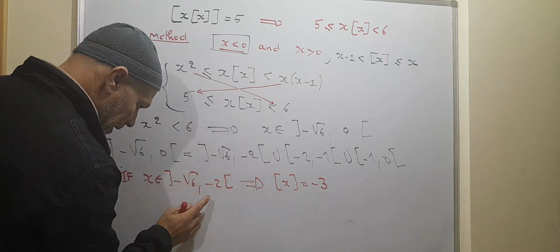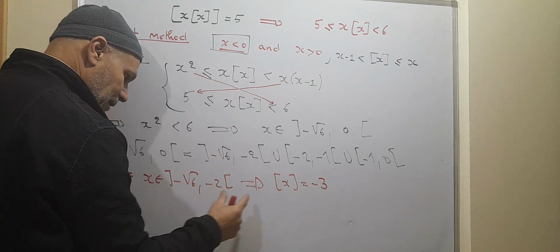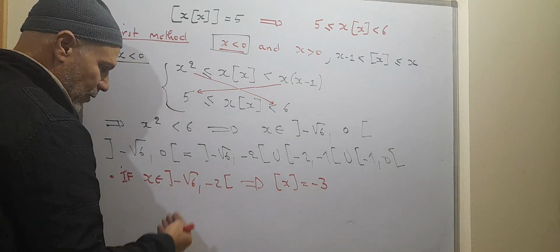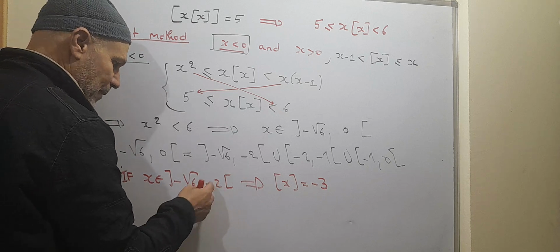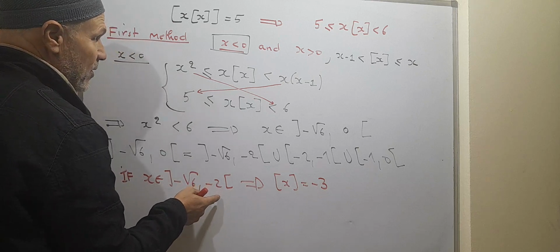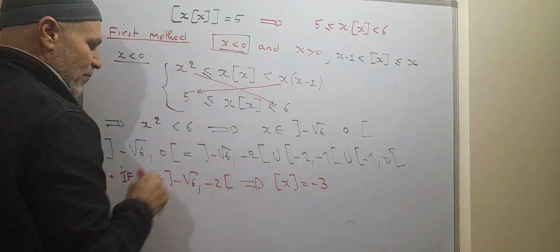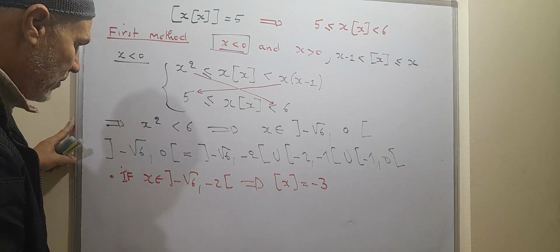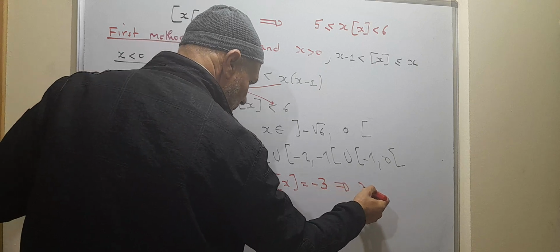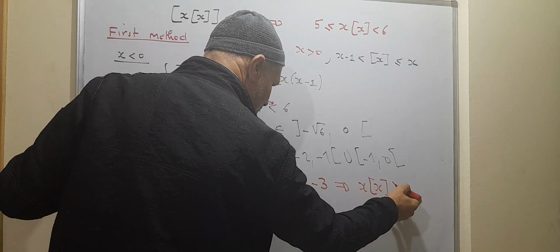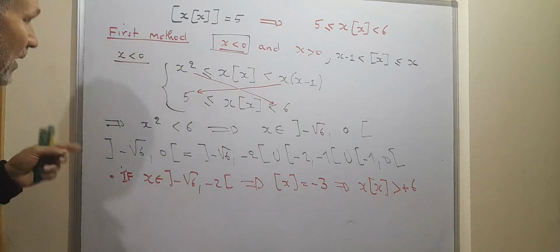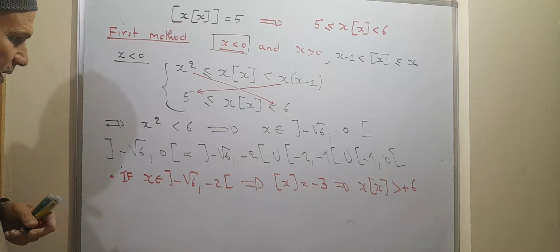If we take x from this interval and multiply it by minus 3, the last value that we can obtain is minus 2 times minus 3, which is equal to 6. And since it is equal to 6, this means that it has no solution. So x times the integer part of x is greater than or equal to 6. So we cannot solve this equation.